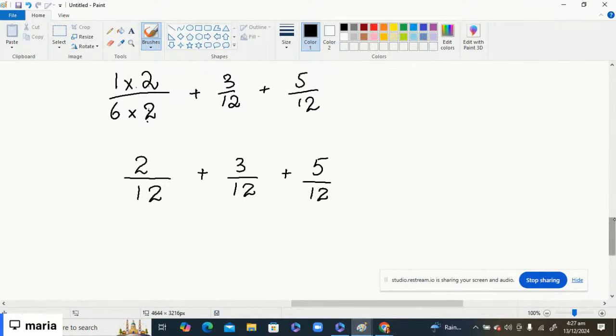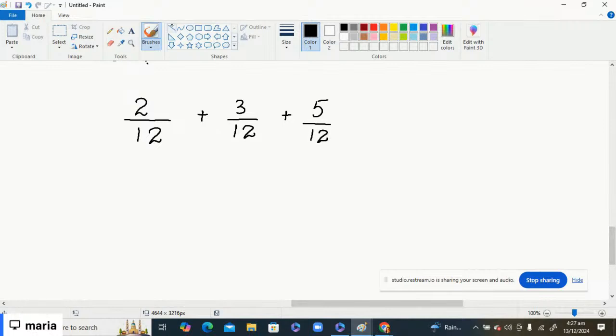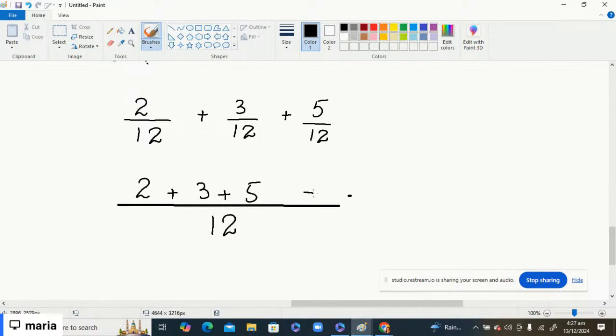These 12 and 12 are the same for all of them. So we just put the 12 here in the bottom, and add their top numbers: 2 plus 3 plus 5. So what is the answer of 2 plus 3 plus 5?